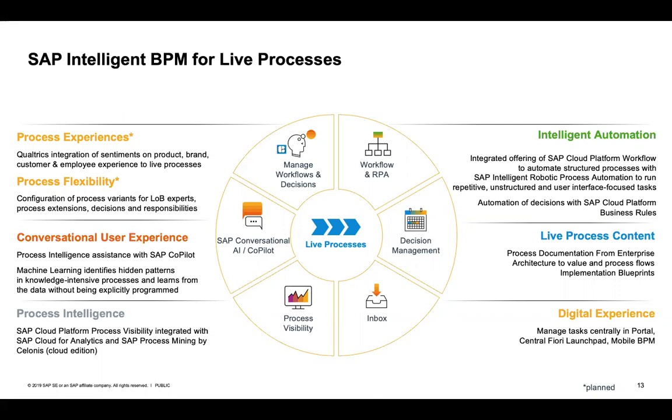We have covered the automation part. We have covered now the experience part for the end user. But of course, it's also important to take a closer look at the performance of your business processes. And therefore, we are offering more or less two essential products here. On the one hand side, SAP Cloud Platform Process Visibility.